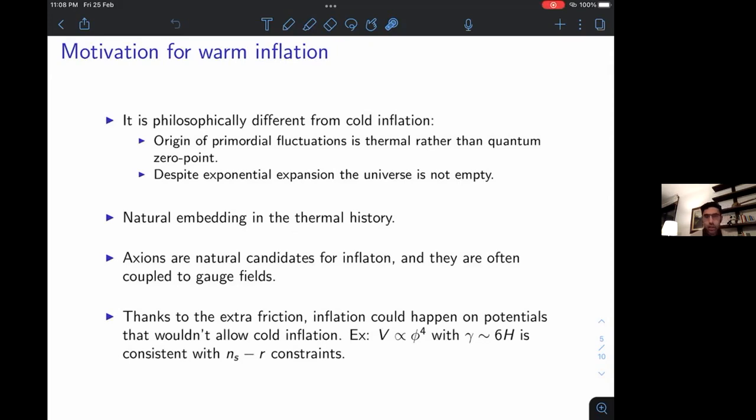There is a natural embedding of this inflation model into the thermal history. Like inflation could start after a period of radiation dominance and then end again by reheating to radiation dominance.